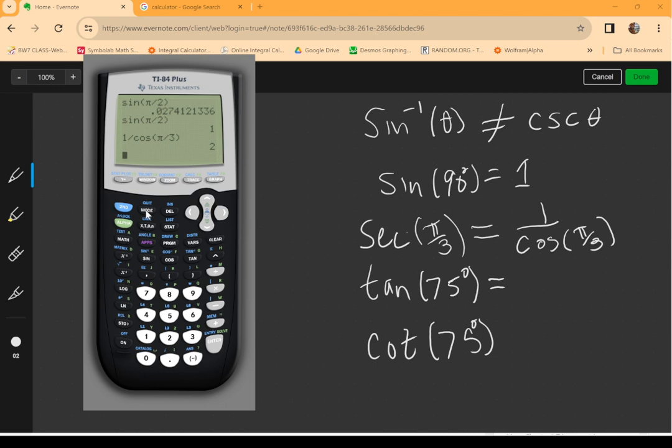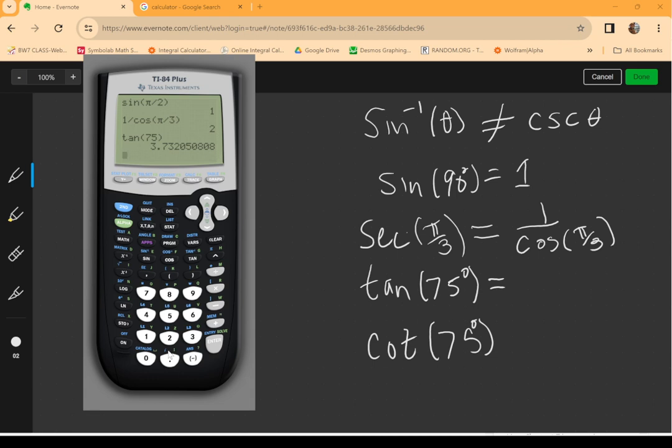Again, mode, scroll down, make sure we're in the proper mode. Scroll over to degrees, hit enter. I'm in degrees, so now we can do tangent of 75, enter, and we get 3.73.